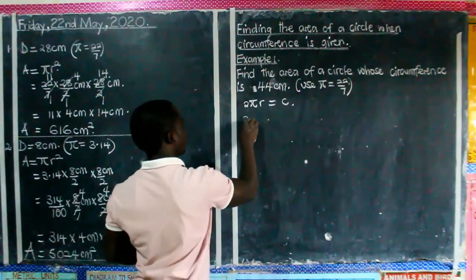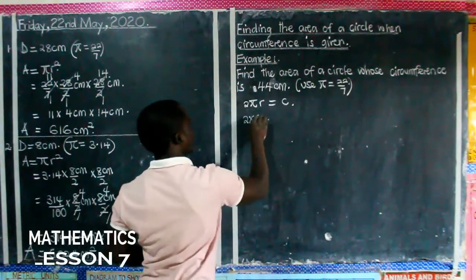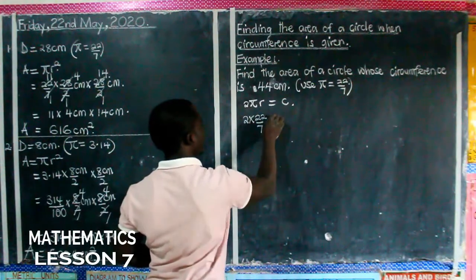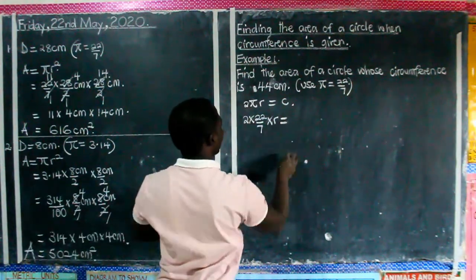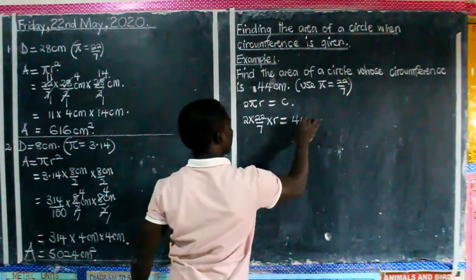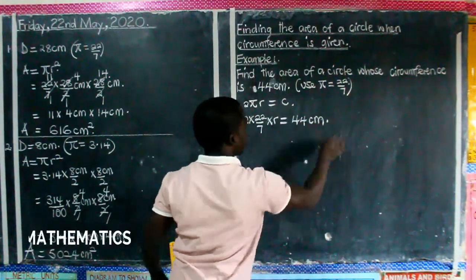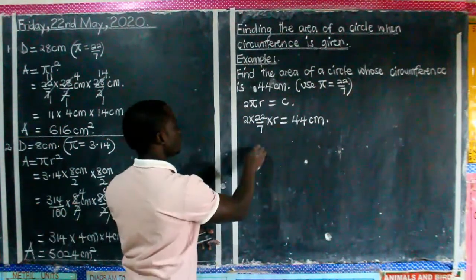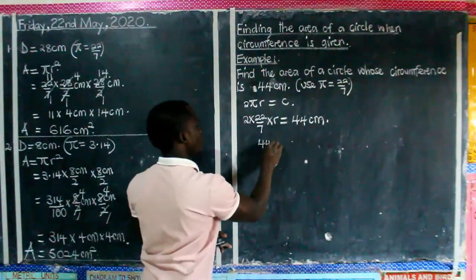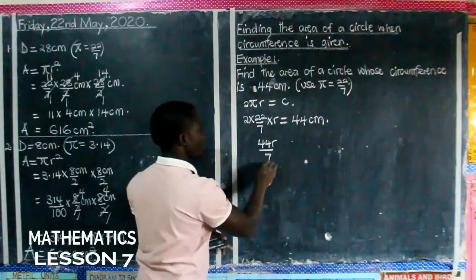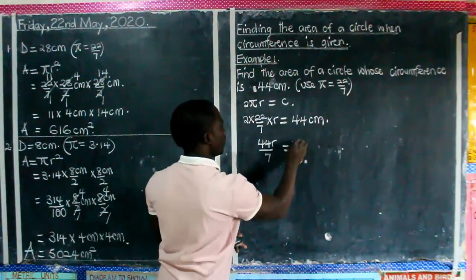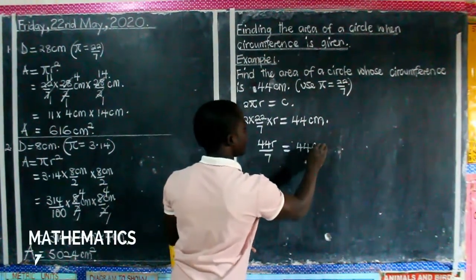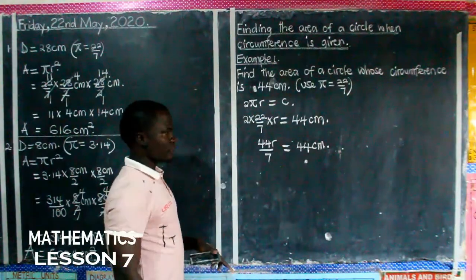This will now be 2 times the pi of 22 out of 7 times r equals the circumference of 44 centimeters. 2 times 22, we shall have 44r out of 7, and this is equal to 44 centimeters.